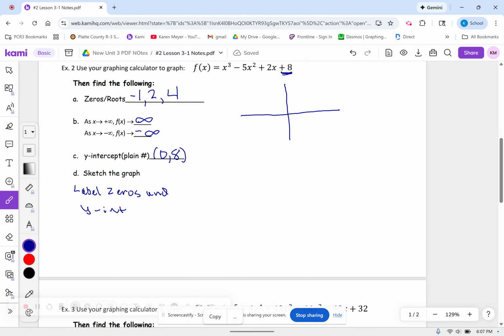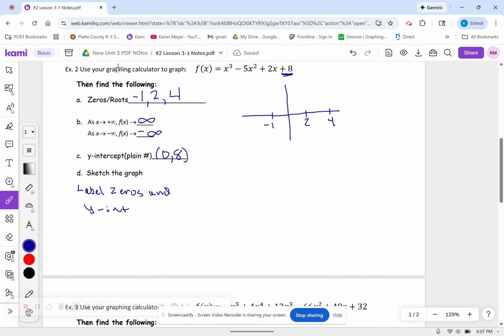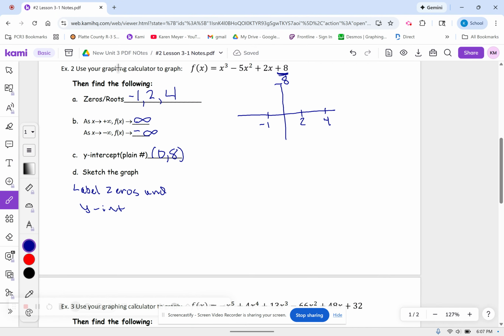One of my zeros is -1, then I'm going to have a +2 and a +4. But you notice I didn't put every single dash mark. I just put those on my x-axis. Then my y-intercept is +8, so I'm just going to come up here and put a mark for 8.